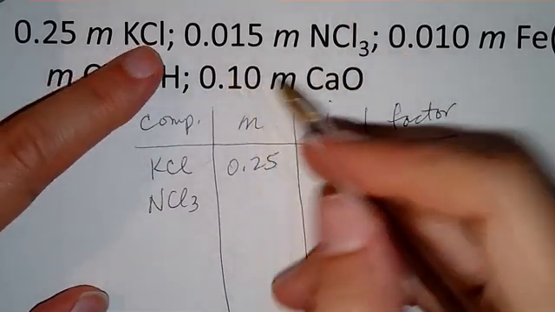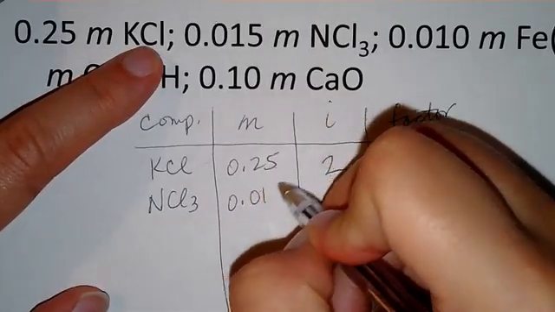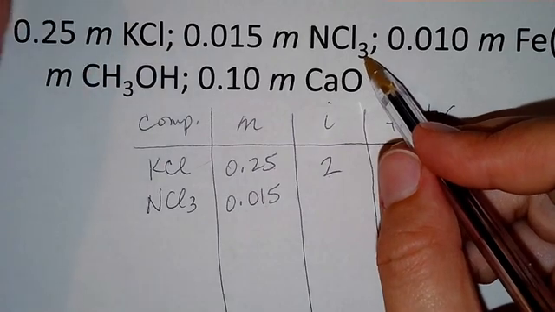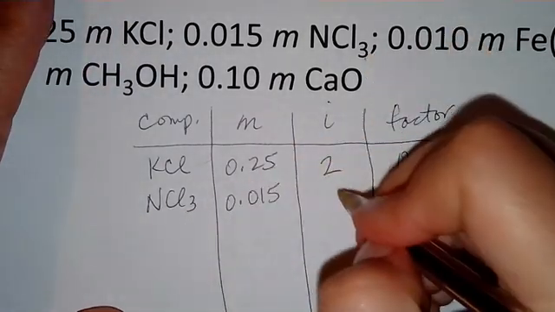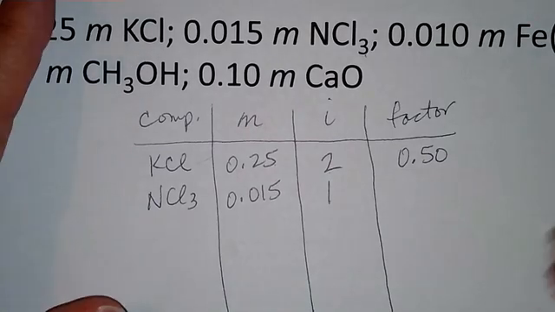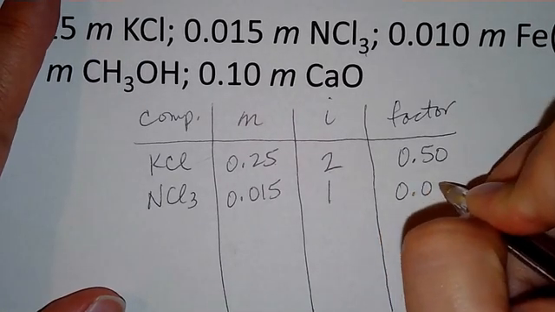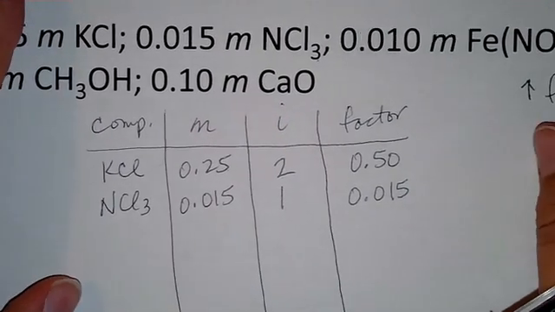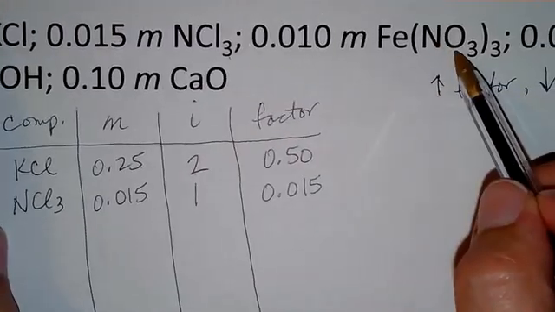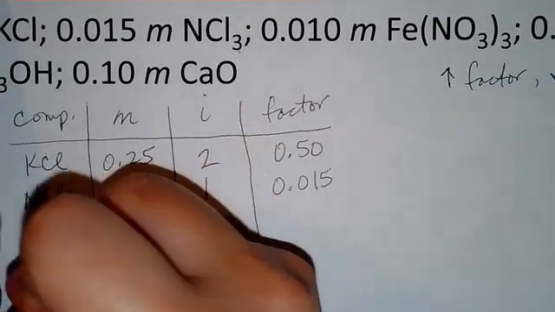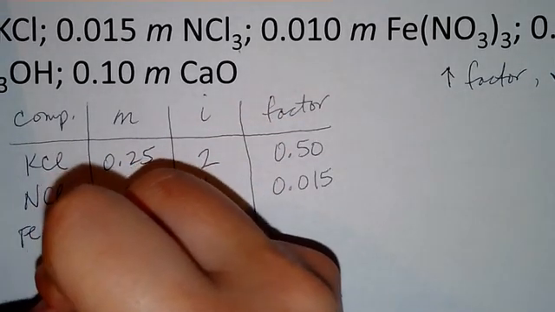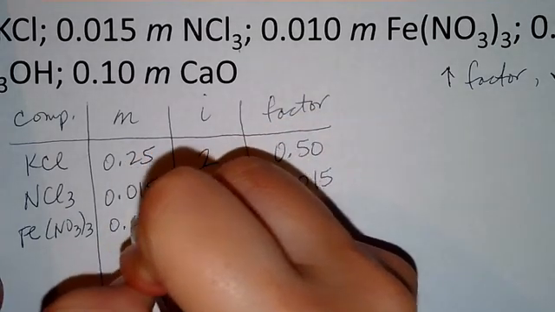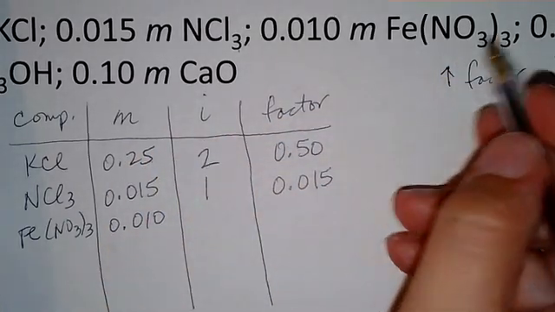Alright, our third one, iron nitrate. And we have a molality of 0.010 and an I factor of 4. 3 nitrates and 1 iron. So when we multiply here, we get 0.040 for our factor. Alright, our fourth one is methanol.